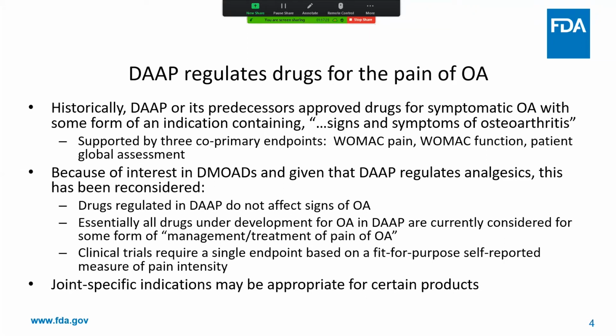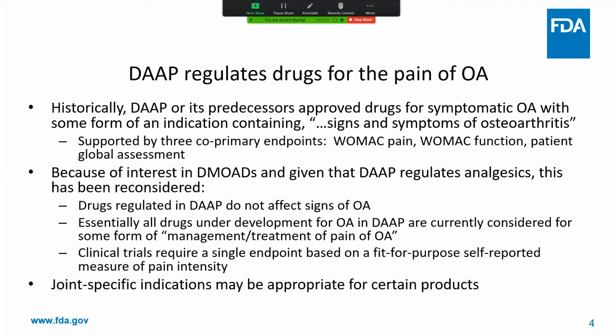At the same time, DAP also entertained an indication of just the pain of OA. Evidence to support these indications varied in that the signs and symptoms indication required a win on three co-primaries: the WOMAC pain, the WOMAC function, and a patient global, whereas the pain indication just required a difference in pain intensity.